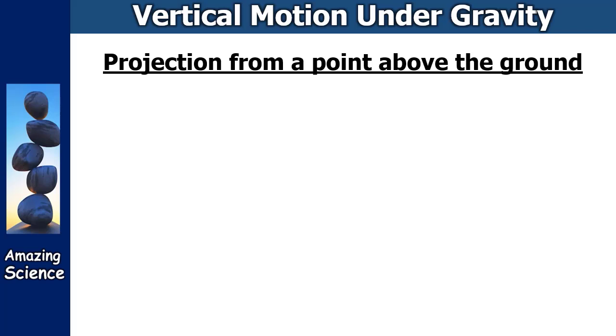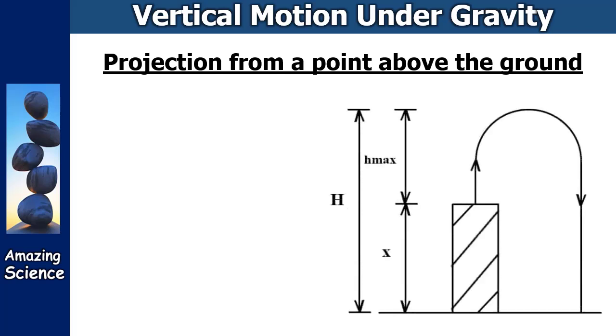In order for us to analyze the motion of such a body, let's consider this free body diagram. From the free body diagram, we see that the height above the ground is labeled x, and the maximum height the body can reach from that point is labeled h max.